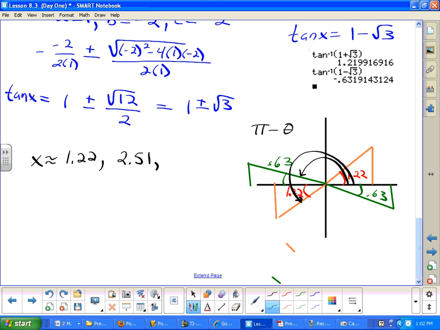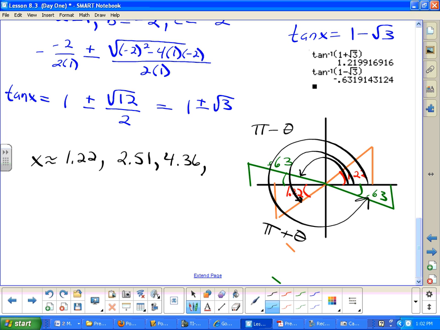Okay, we have to add that number to pi. So 3.14 plus 1.22 would be 4.36, right? Okay. And then what about the one in the fourth quadrant then?